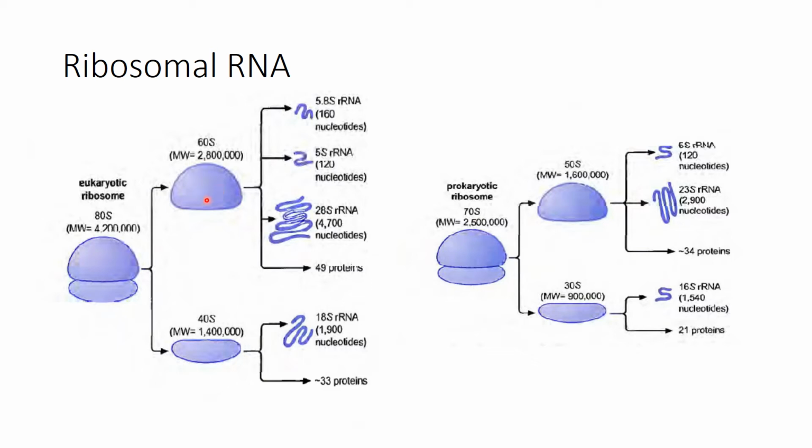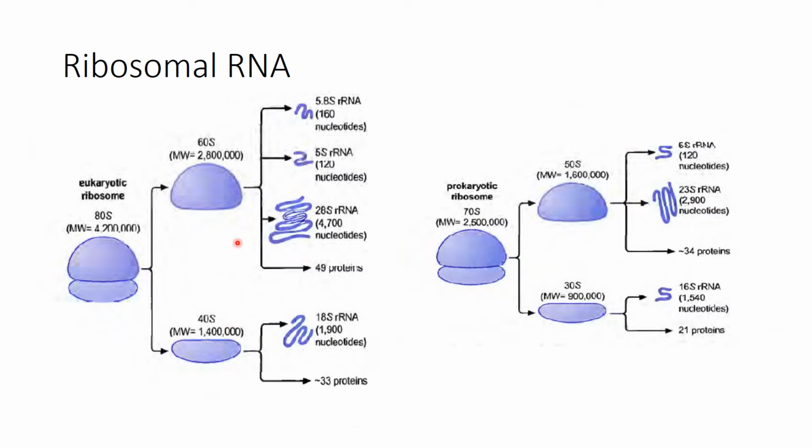But it is not an additive quantity, like 60 plus 40 is equal to 100. It is the total rate of sedimentation, actually the velocity of sedimentation. So the total ribosome together has 80S, but its subunits have 60S and 40S.